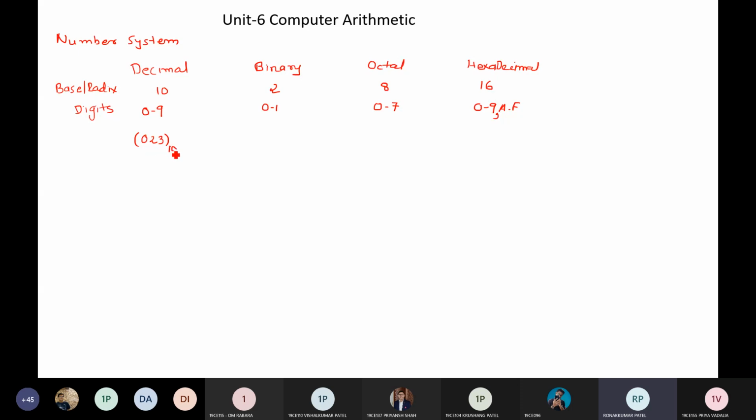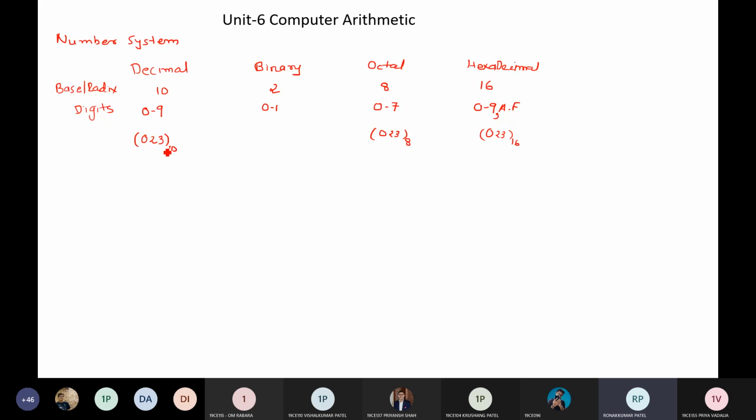Suppose the same thing I write in octal: 0, 2, 3 base 8. Or in hexadecimal: 0, 2, 3 base 16. The value will be different for each representation.